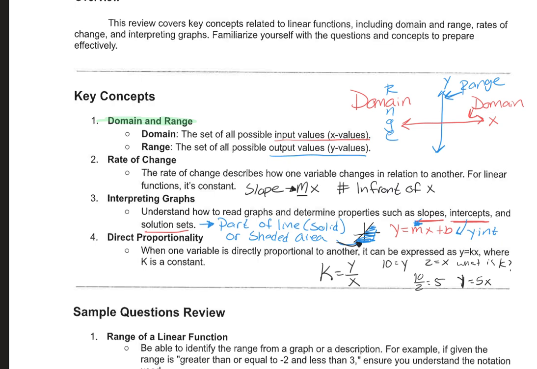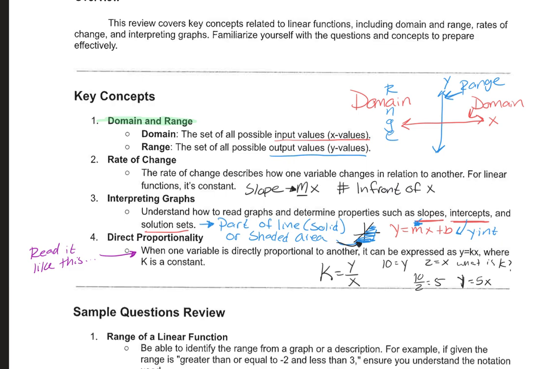Now, if you're reading "when one variable is directly proportional to another," read it like this. Here's my example.